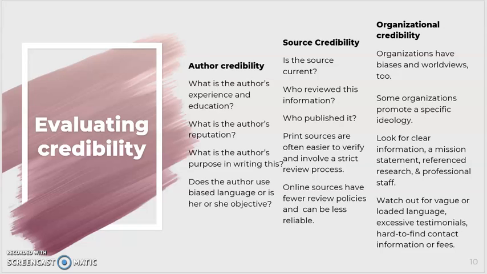So who published this? Was this published in another source? Was this a research study that was published by a journal somewhere? Typically, if you're evaluating print sources, you can verify a little bit more easily that the information was reviewed. Online sources are trickier because it's very easy for people to put anything they want up on the internet.